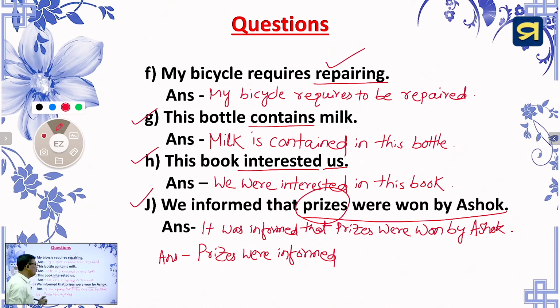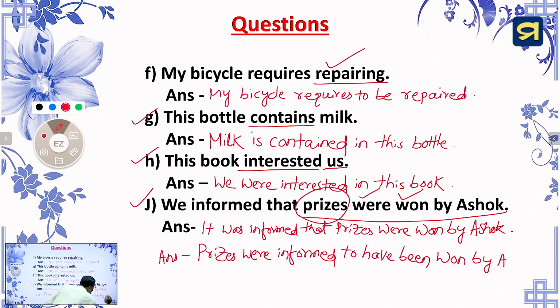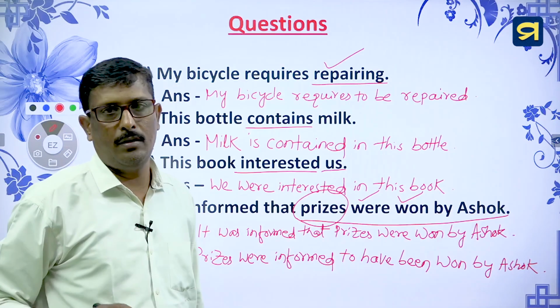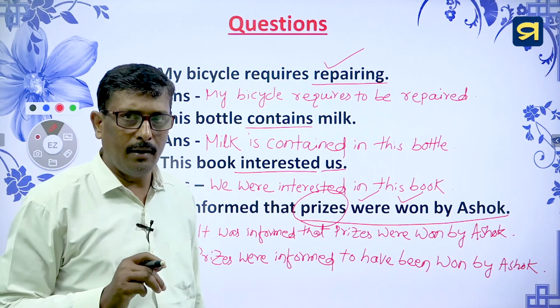Passive voice we find in the what? That clause. How will we change? To followed by have, then been, then the third form of the verb own. Here the third form is given, owned by Ashok. So in this way we have to change from active voice to passive voice. Did you understand, children? Very good.